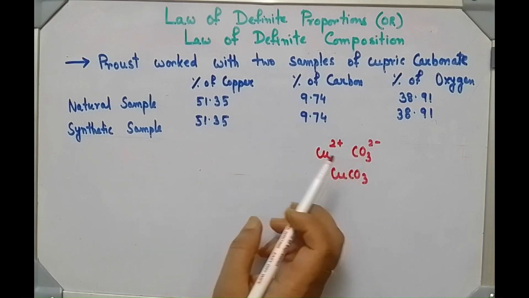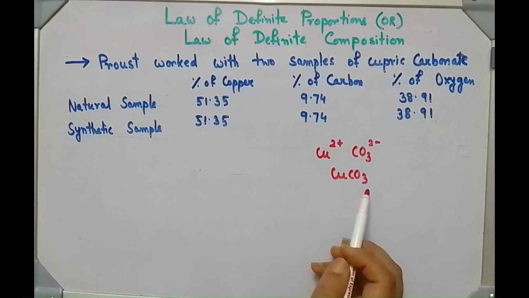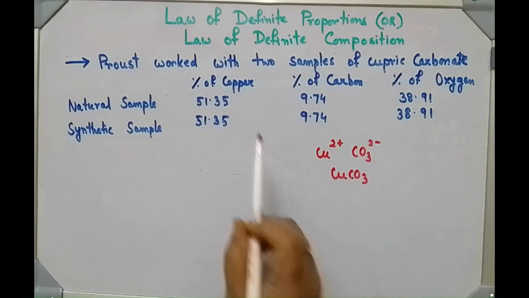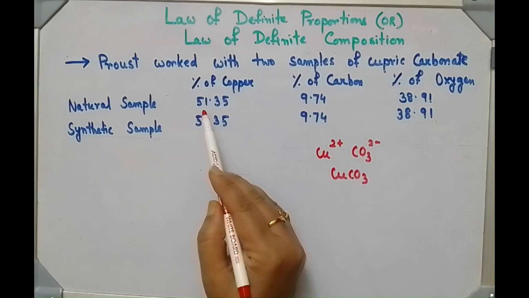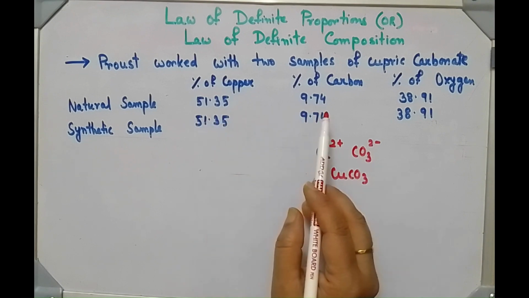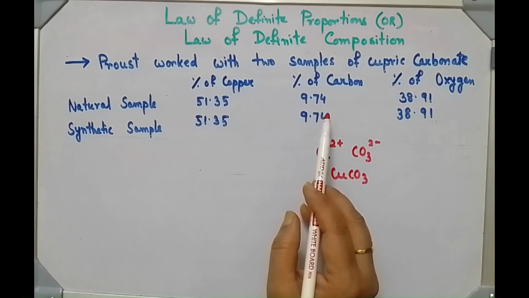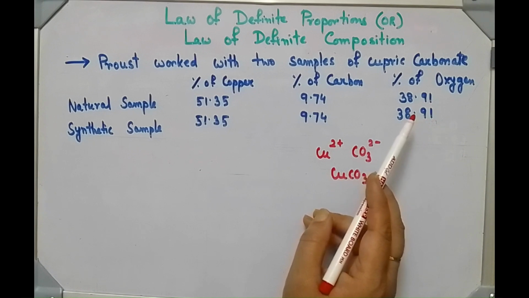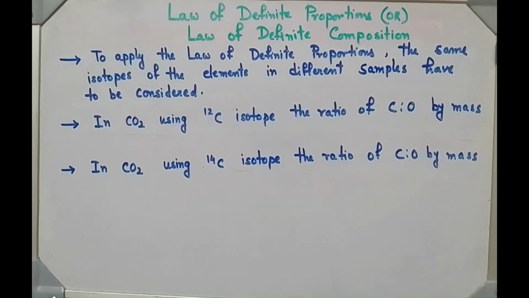In cupric carbonate, elements copper, carbon and oxygen are present. And it was observed that percentage of copper in both the samples was 51.35. Percentage of carbon in both the samples was 9.74 and percentage of oxygen in both the samples was 38.91. It is given in NCERT book.